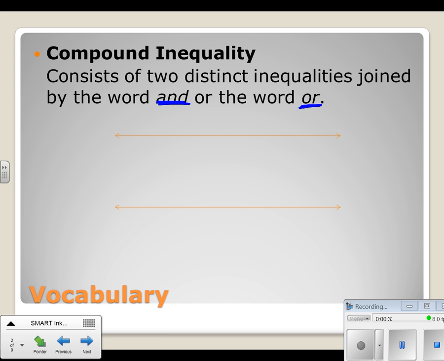For example, if we had a solution that x is greater than or equal to 3 and x is less than or equal to 7, when we graph this, if we have 0, let's say right here, 3 and 7, and x is greater than or equal to 3, so we would have a closed circle at 3, and that would be shaded to the right because anything greater than that.